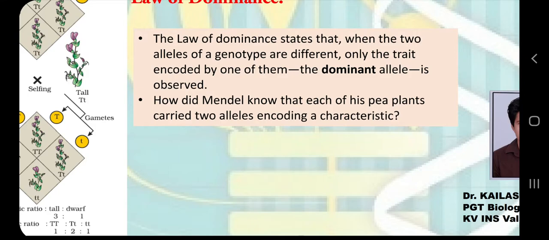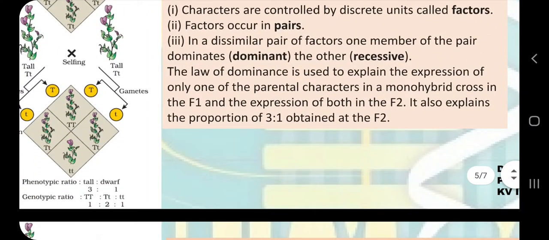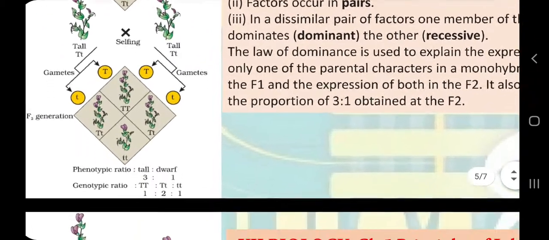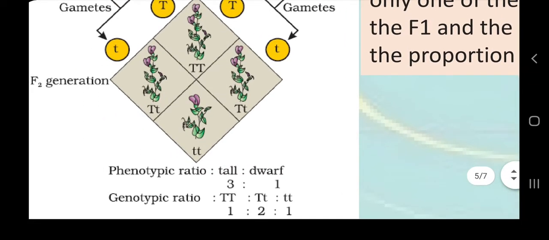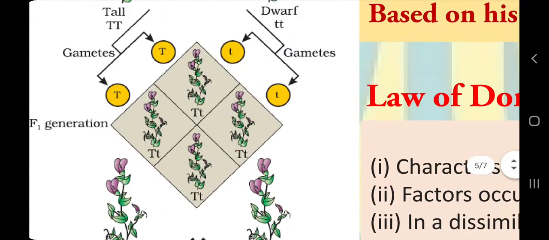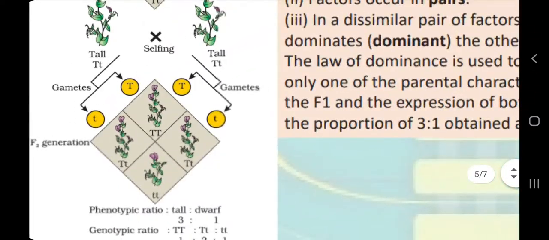So how did he know that each organism has two alleles, not one allele, for one character? Let's see. He knew this because of the phenotypic ratio or results of the F2 generation. In the F1 generation all plants were tall, but in the F2 generation there were 25% dwarf plants.